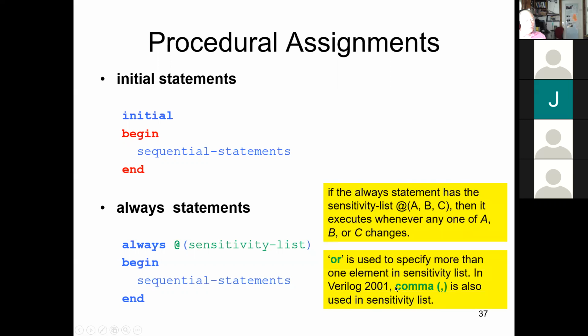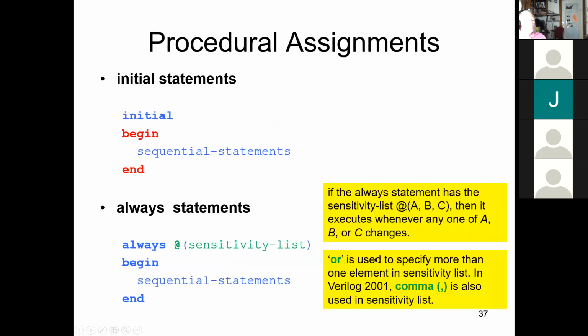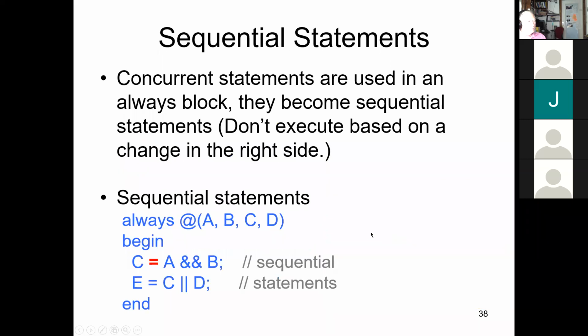Since 2001, the comma is totally legal, and I discourage the use of or because it's old syntax and may eventually go away. I don't know, but anyway, it's confusing. So just put commas. But you'll see that or used sometimes, so don't let that confuse you. Essentially, it's really just a comma.